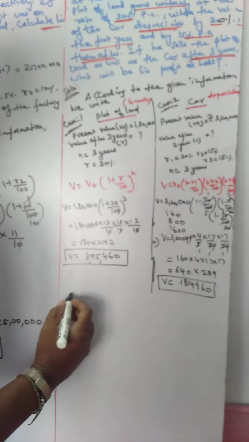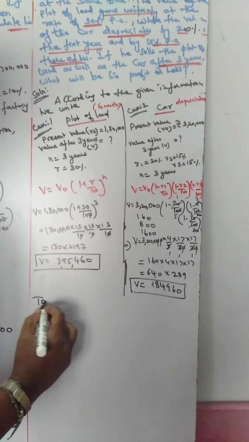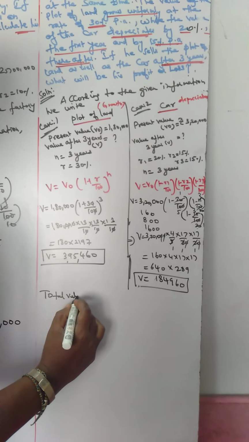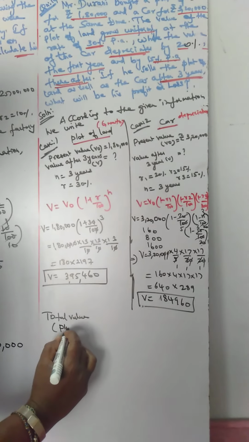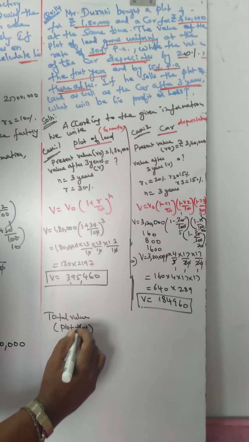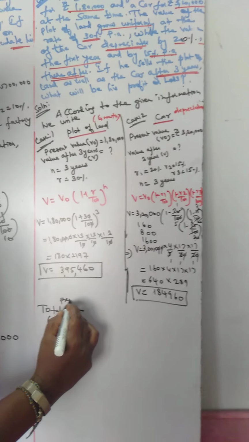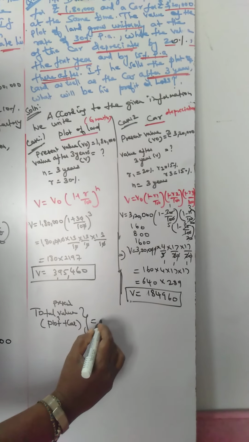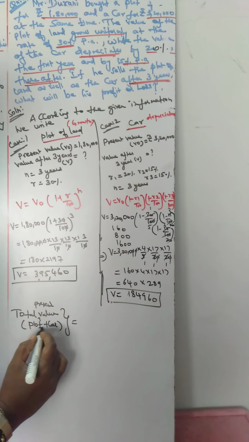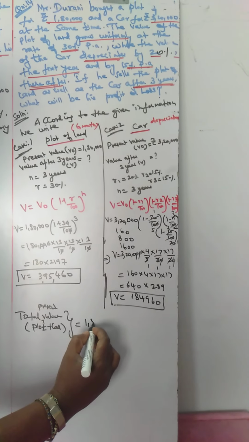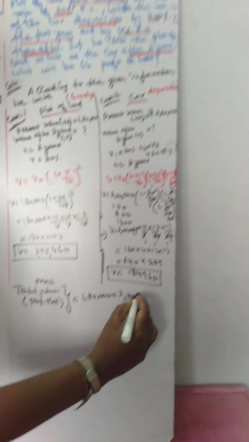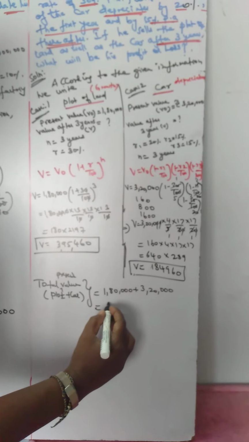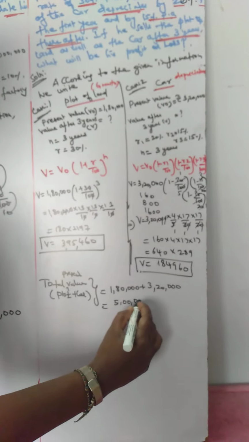So the total present value, that is for the plot as well as for the car, is 1,80,000 plus 3,20,000, which is equal to 5 lakh.